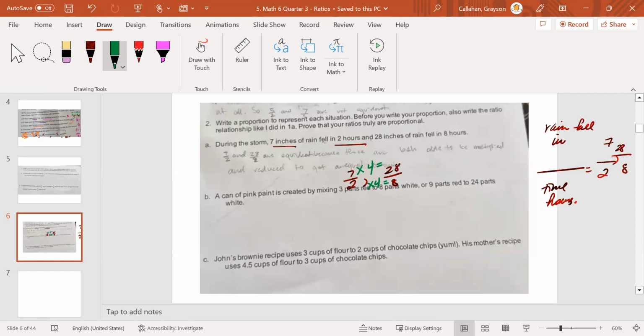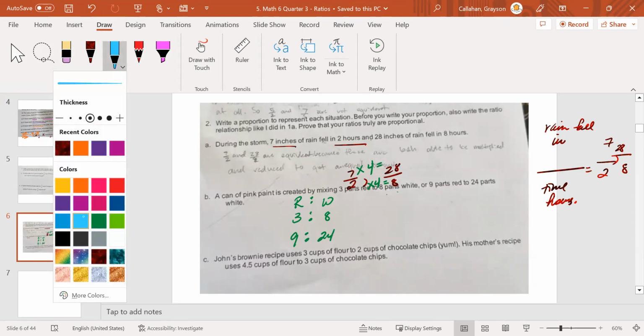A can of pink paint is created by mixing 3-part red to 8-part white. Red is 3, white is 8, or 9-part red to 24-part white. Yeah?